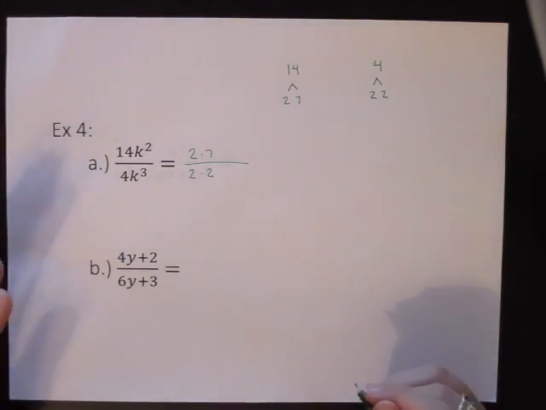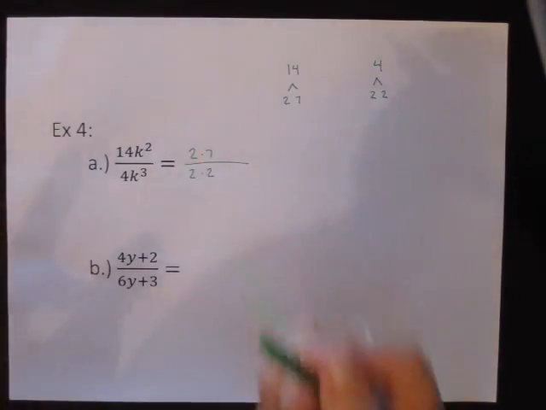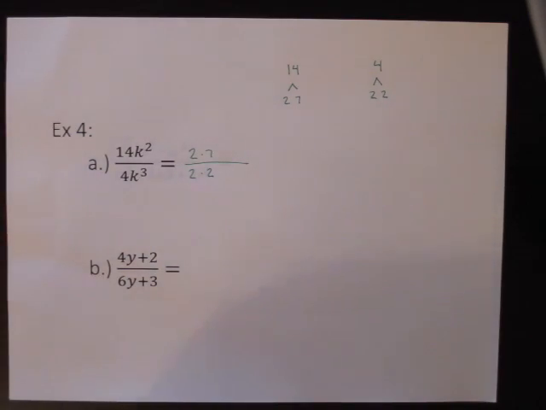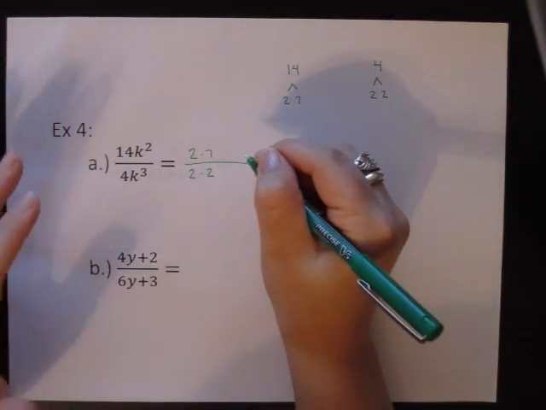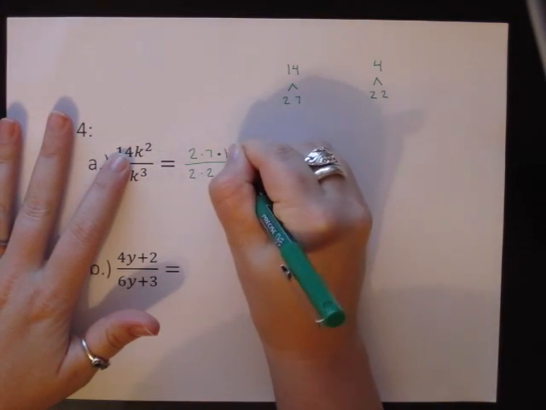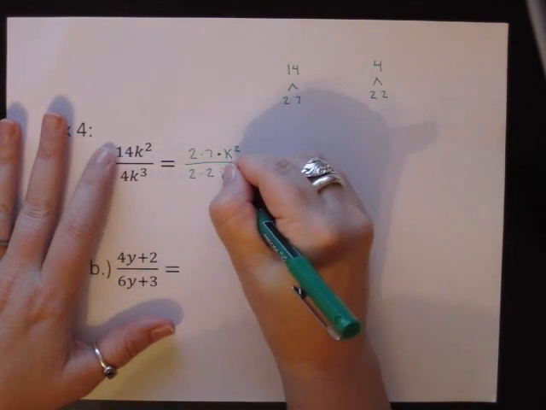Now, in order to cancel out your k's, there's 2 different ways to do it, and I'll show you both. For me, it's easier to just take my least exponent, which is k to the second. The least exponent is just your smallest exponent.